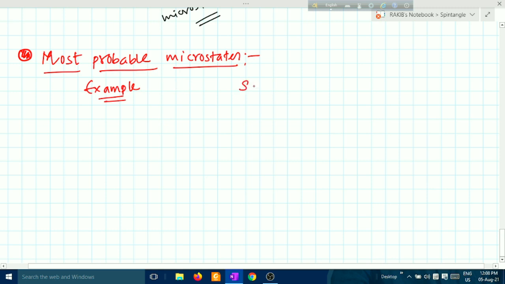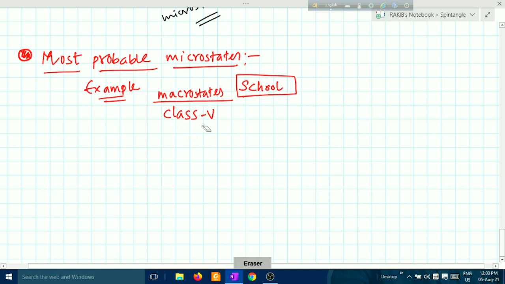Say, from a school, class 5 students are the macrostate. Macrostates are, say, class 5 is a macrostate. And what are the microstates? Sorry, this is not the right thing to write.